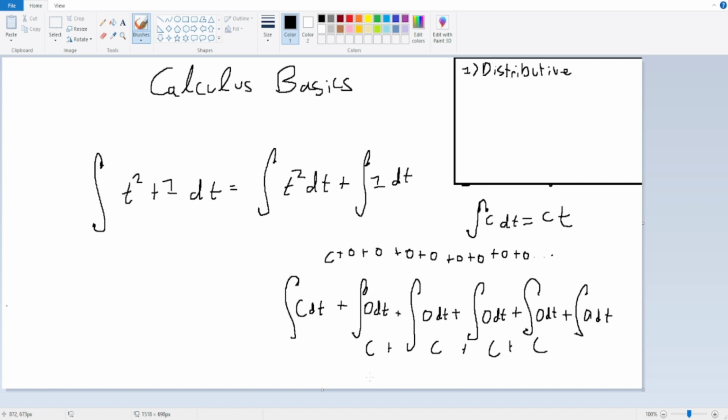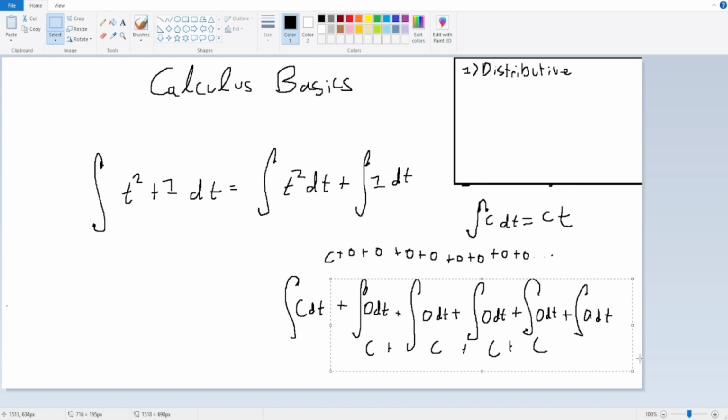And the thing with c is you can add as many of them as you want. You can subtract whatever number you want from it. It's sort of like infinity, but the idea of it is that it's any constant. You don't really care what it is, and it can be anything.